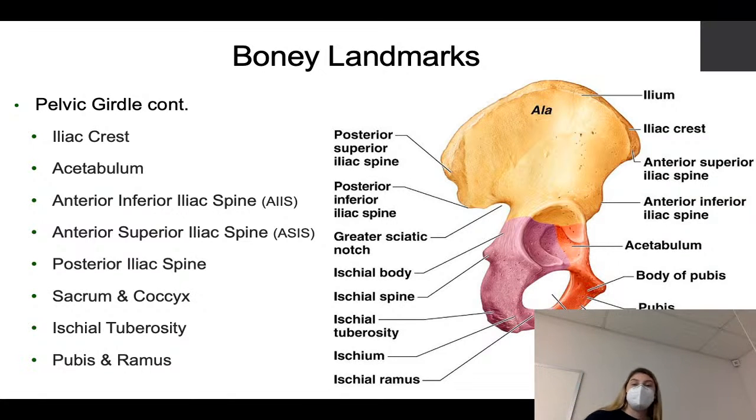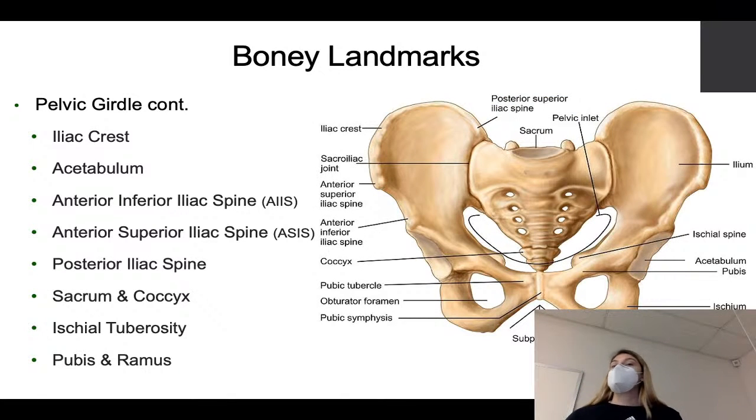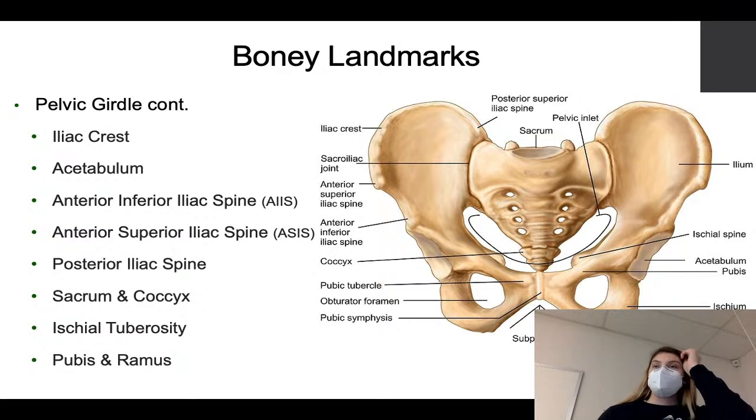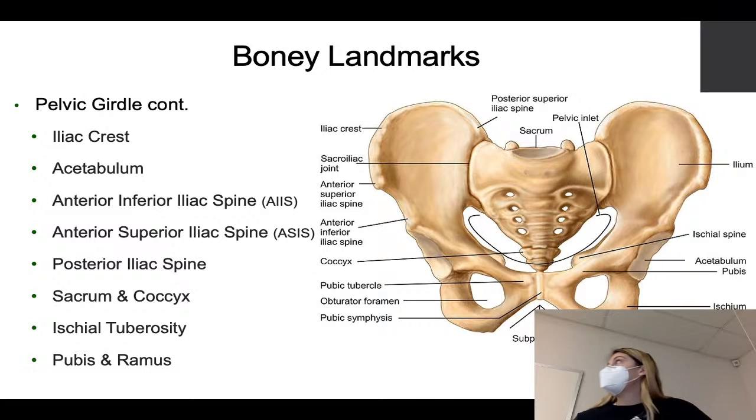And last thing on here is your sacrum and your coccyx. So from this view, you can see our sacrum right here. So again, it's kind of that like butterfly, or like, I think it looks like a stingray personally. Like its little eyes and then little like nose things. So stingray shape with our little holes.